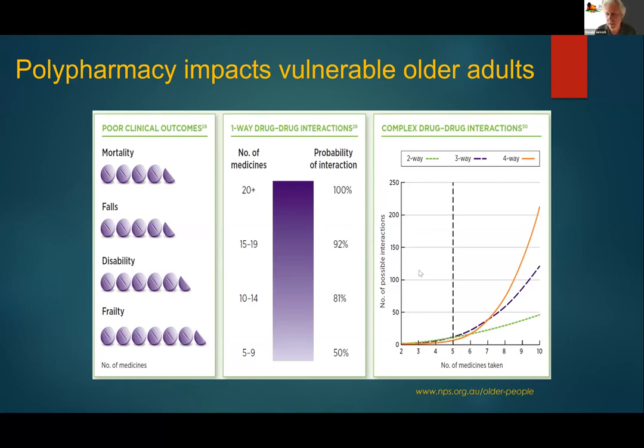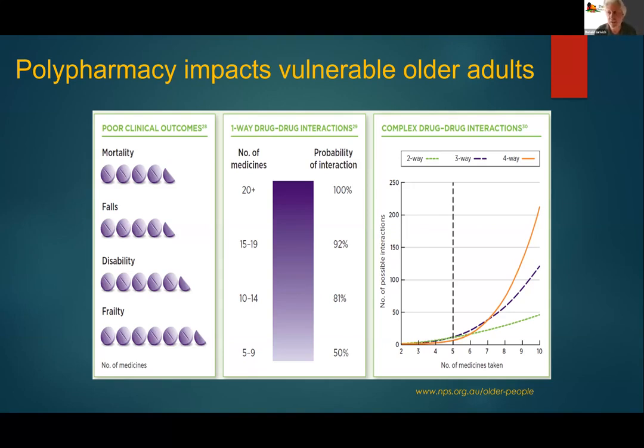And so what you can see on the graph to the right is that not only is there drug-drug interaction, but there are 3 drugs that are interacting with each other, and then also 4 medications that are interacting with one another. And so when somebody comes in and says they're having gastrointestinal problems, the first thing I look at is what medicines they are on, because what happens then is that somebody puts them on a medication for loose bowels, and so they're on loperamide or some medication.